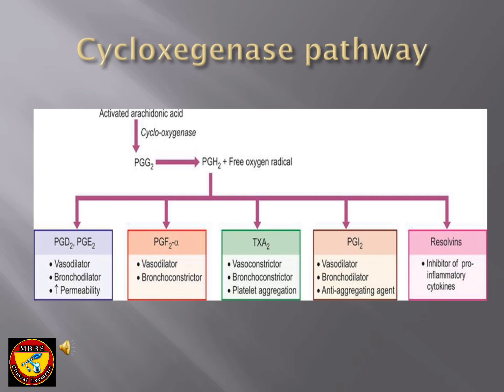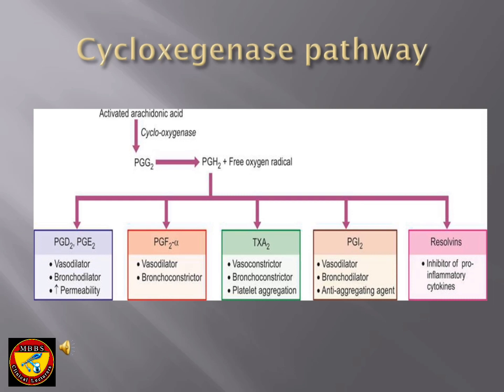Now the first pathway is the cyclooxygenase pathway. In the cyclooxygenase pathway, the activated arachidonic acid, which is secreted from the cell membrane due to acute inflammatory action, forms PGG2, that is prostaglandin G2, then prostaglandin H2, and then combines with free radicals.